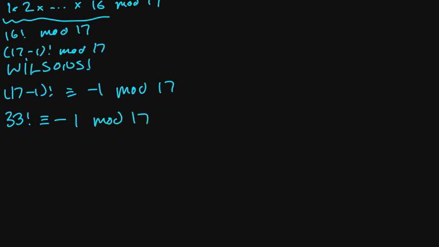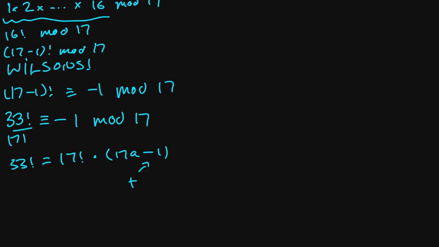Well, actually, we forgot that we divided by 17 factorial, right? So 33 factorial over 17 factorial is congruent to negative 1 mod 17, which means that 33 factorial is equal to 17 factorial times 17a minus 1. We don't want minus 1, we want plus 1, right? And so, how do we change this form?